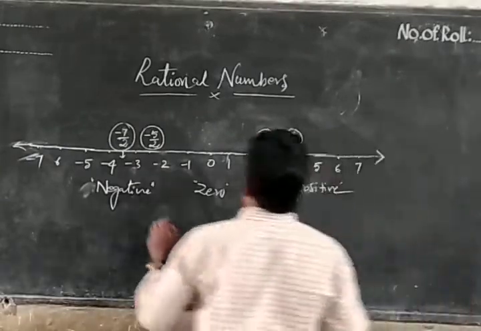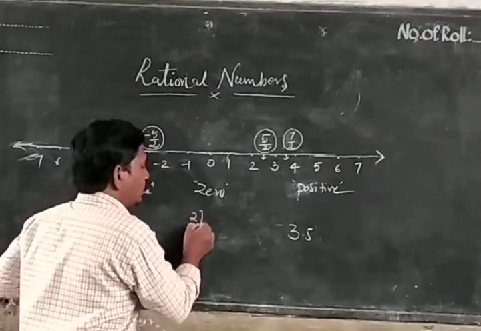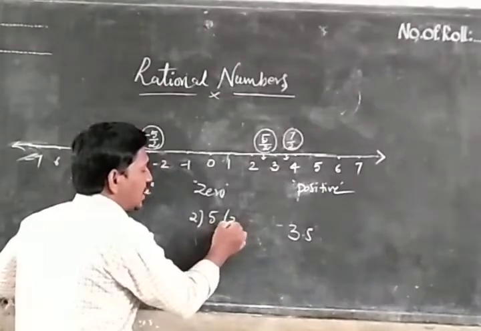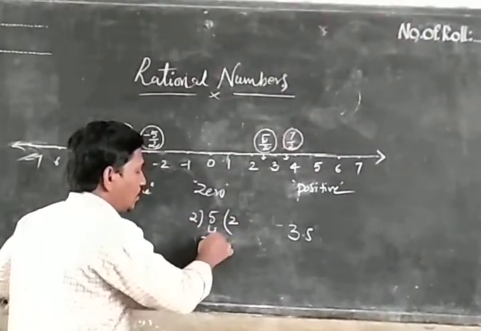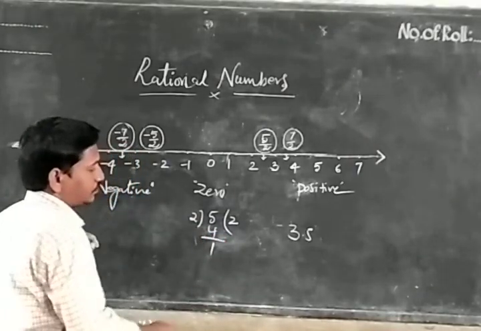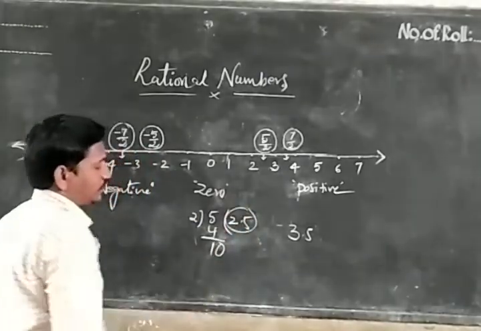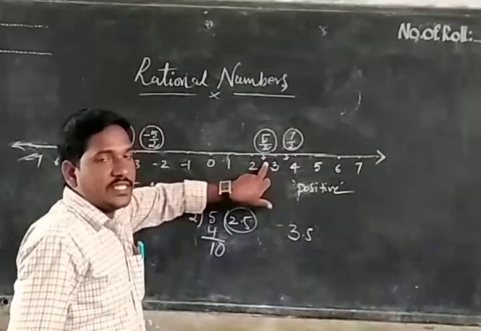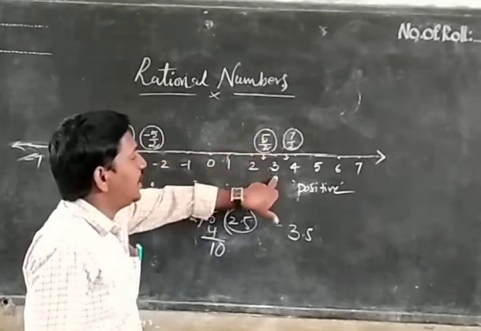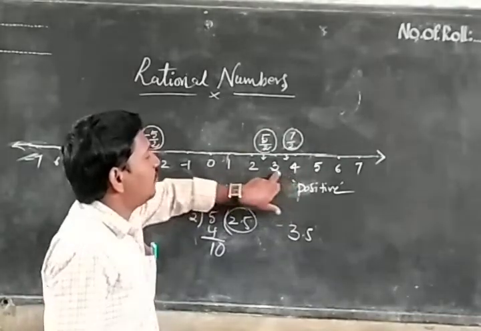5 by 2 means 2 twos are 4, 1 remaining, so 2.5. So 2.5 is represented by 5 by 2. Again 3 and 4.